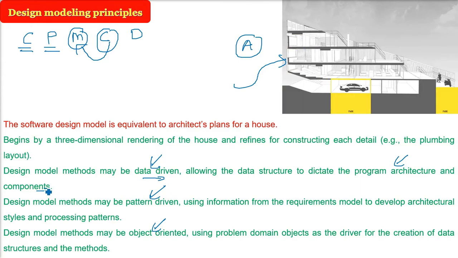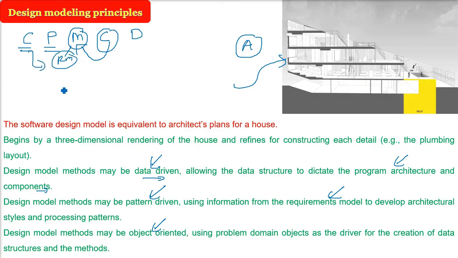Now, if the pattern is important, then the design model methods are driven, or forced in the background, by pattern. We have already made a requirement model, so we'll use the information we have made in the requirement model. From that we can develop the architectural style or the processing patterns.